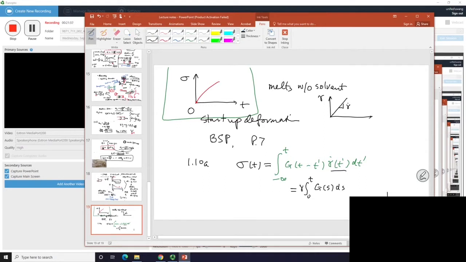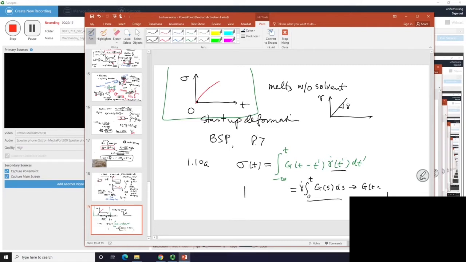And gamma dot comes out. Furthermore, you can just reduce that to saying that it is G near t equals 0, because remember, we're considering the first point, when t is very small. So when t is very small, this whole thing is just this integration.